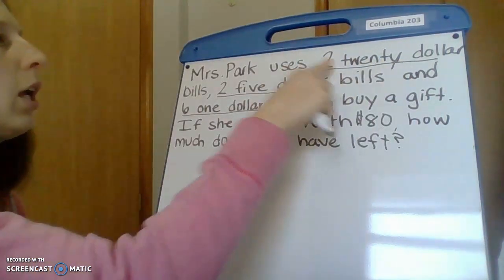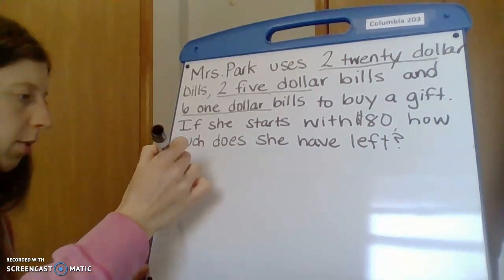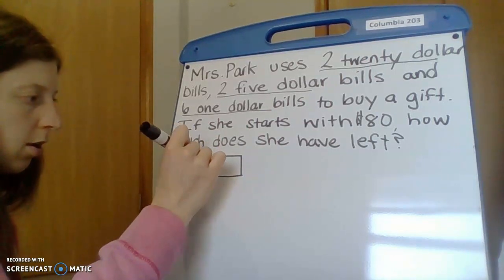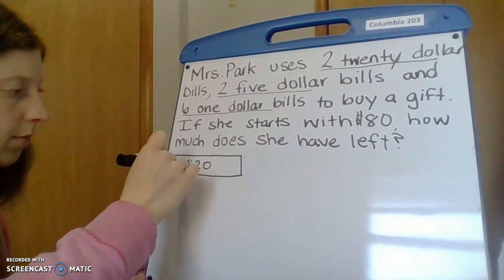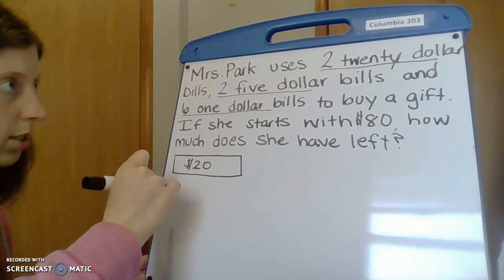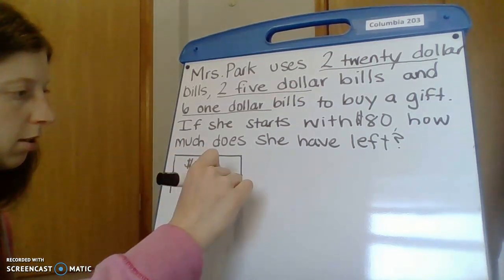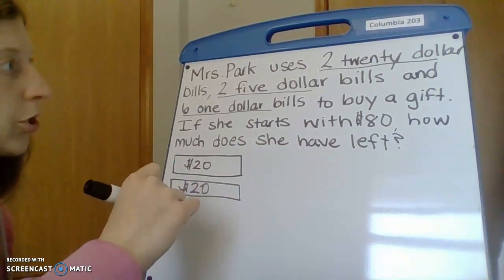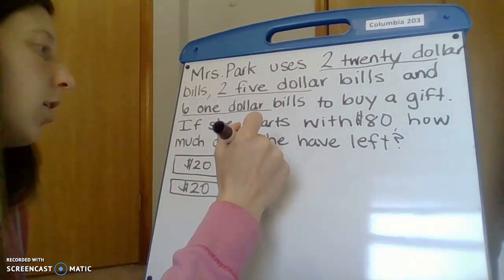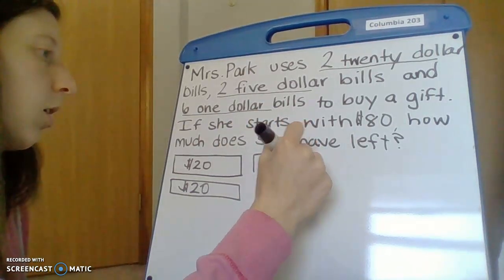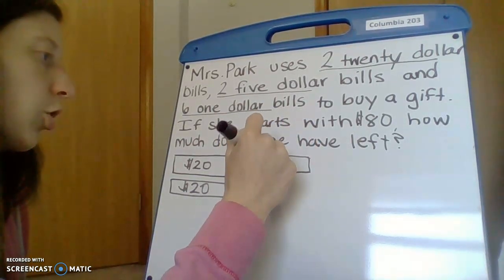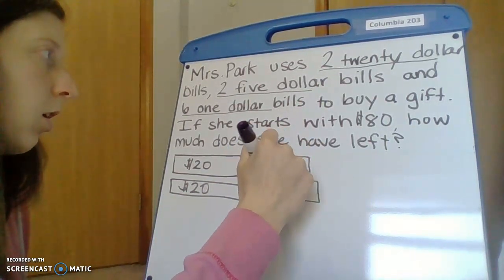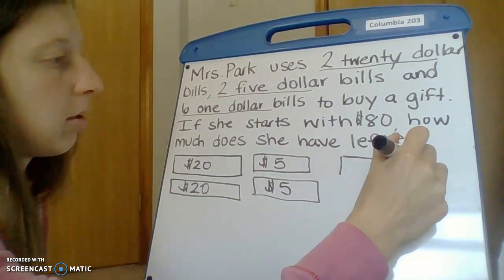Okay, so now I'm going to draw two $20 bills, and the way I do that is I just make a rectangle. Remember, this is math, and I write 20 in it. And I label it with my dollar sign. So two $20 bills, two $5 bills, just trying your best, and six $1 bills.